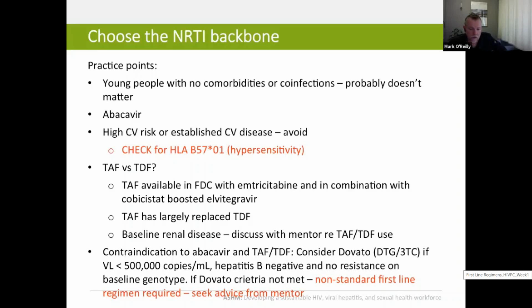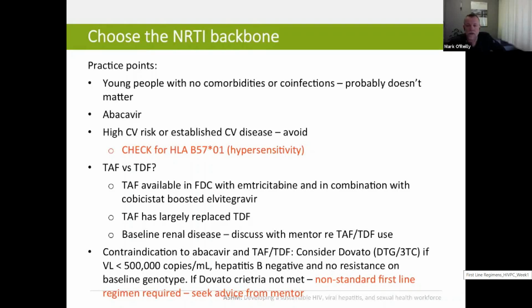So Dovato, we talked about earlier, was recently listed on the PBS for treatment-naive individuals. It's a dual therapy single pill combination that contains dolutegravir and 3-TC. There are some caveats to its use, though. It needs to only be initiated if the individual's baseline viral load is less than 500,000 copies per mil.